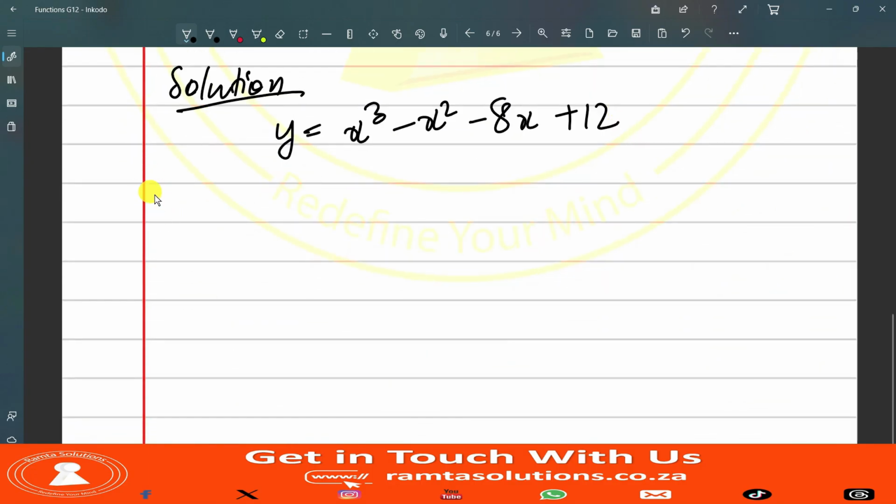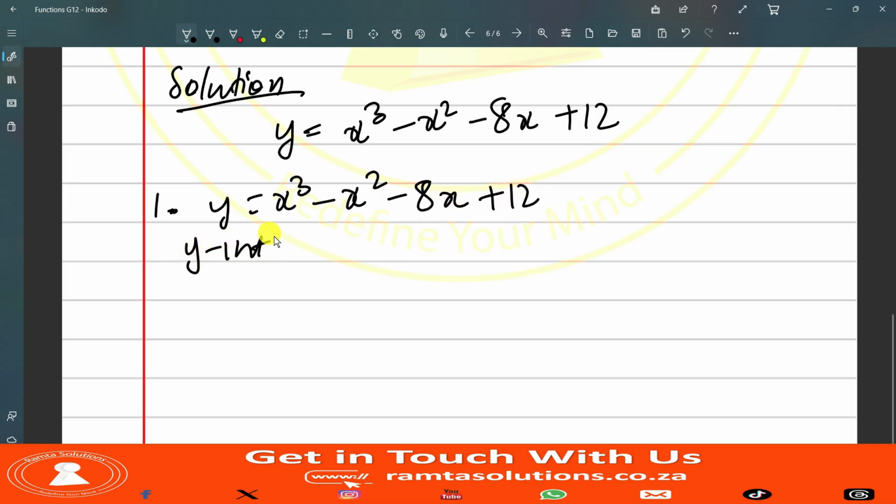Now, number one, we're looking to draw this function here: y equals x cubed minus x squared minus 8x plus 12. What is its y-intercept? We know the y-intercept is the constant here, which is 12, easy to tell. So it is (0, 12).